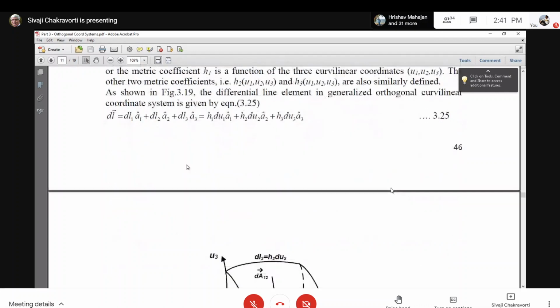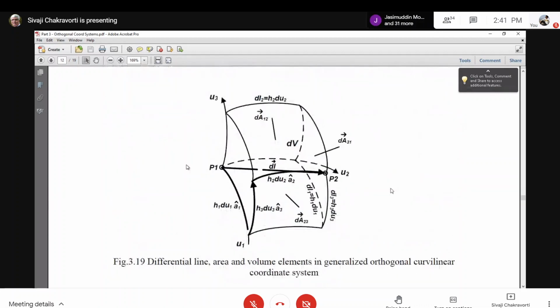Now we are going into the concept of length, which we have already discussed. I am considering two points, P1 and P2. Now how do we move from P1 to P2? Of course, one way is straight, directly from P1 to P2. That is the physical distance, which we call the vector dl. But this has three components.